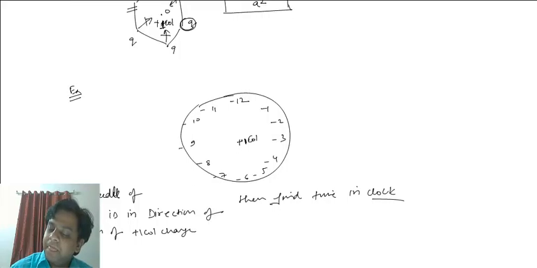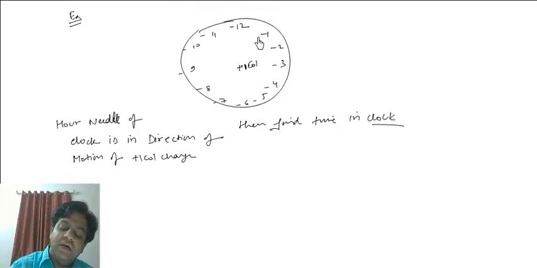So the question says that this +1 Coulomb is moving, let's say in this direction. I don't know in which direction it's going to move, but if it moves in this direction, let's say towards 6, then the hour needle is pointing towards 6, so the time in the clock will be 6 o'clock.